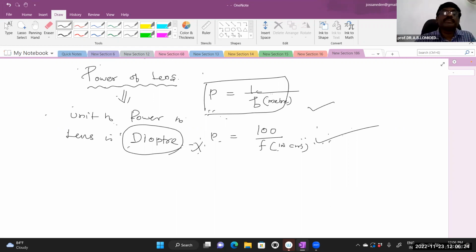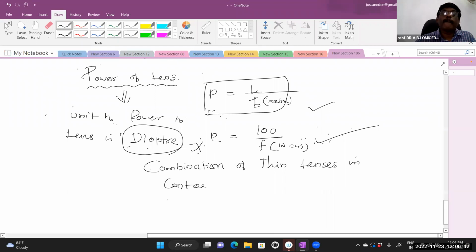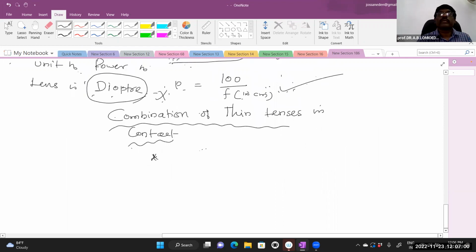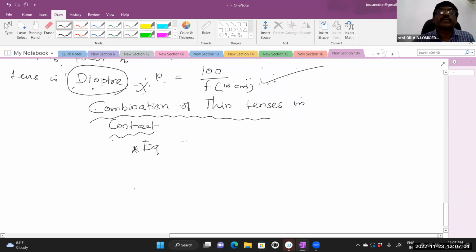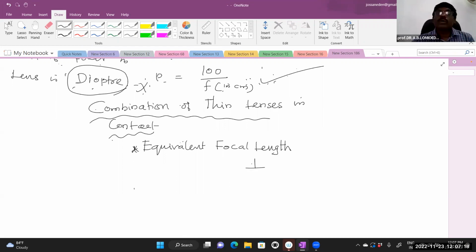Say, a combination of lenses: the equivalent focal length is 1 by f equals 1 by f1 plus 1 by f2 plus 1 by f3, and it goes on like this.